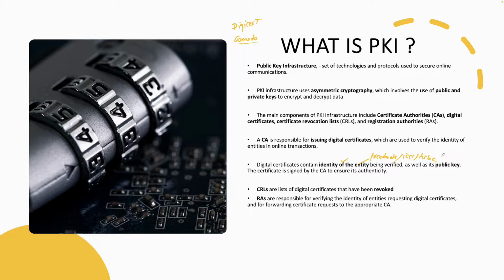Let's say if today I'm cloudalchemy.com, I can't just simply go to the CA and ask them for the certificate. What they'll say is, first the request goes to the RA. The RA will verify that I am cloudalchemy.com, this is my website or web address, and this is where I'm hosted. All these details will be there.